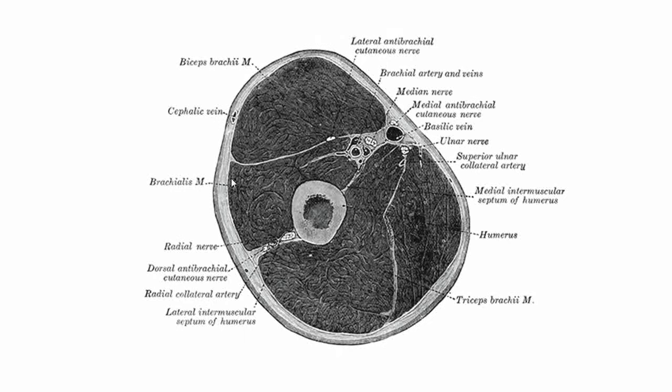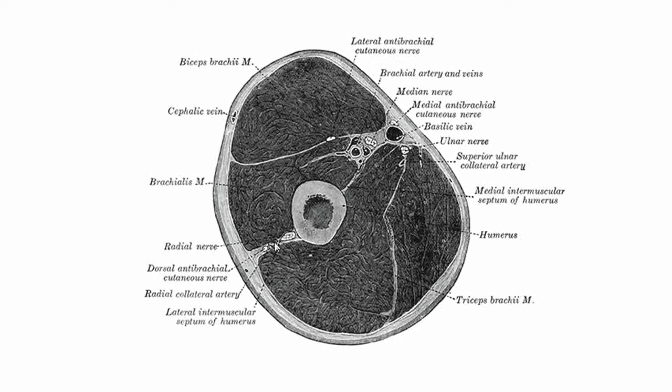So you've got the anterior muscles here and the posterior muscles here. So in between the anterior and posterior compartments, you've got this septum.